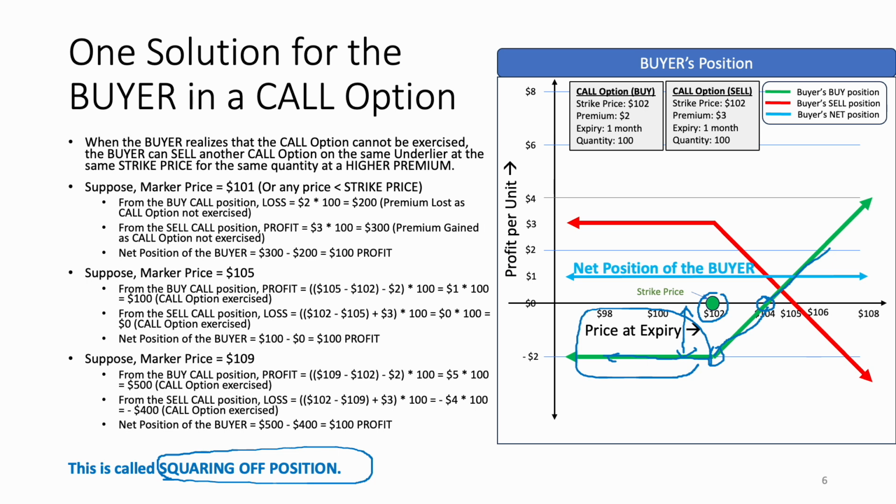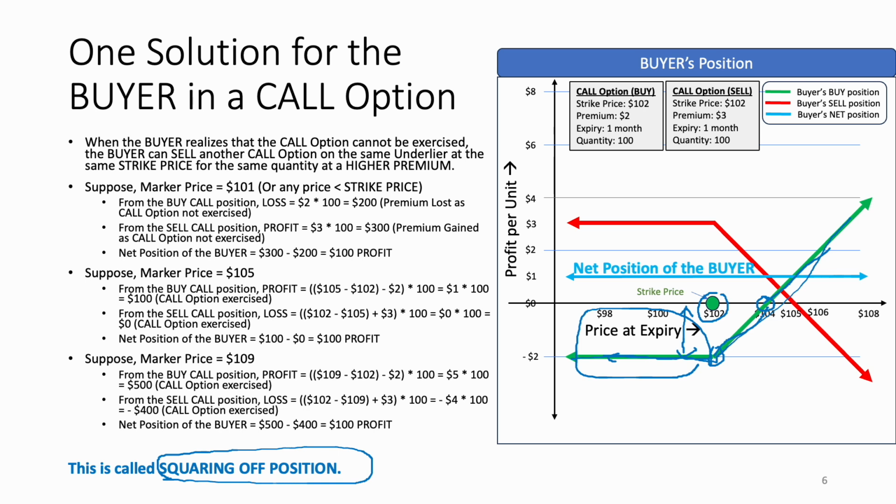Now, the plan is that when a buyer buys a call option and he realizes that the price may fall, in that circumstance, what the buyer can do is sell a call option at a premium which is higher than the premium which he paid for buying the call option. So this is one call option which the buyer has purchased.